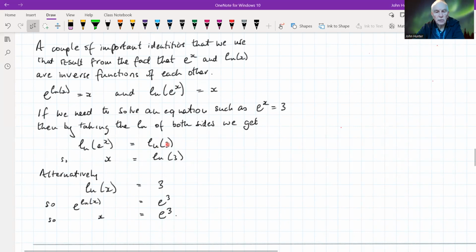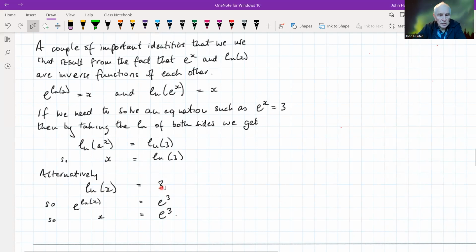And then this, by our identity above, is going to be equal to x. This is typically what we do if we want to get the unknown out of the argument, which is what goes in the brackets of the function, into the subject line.